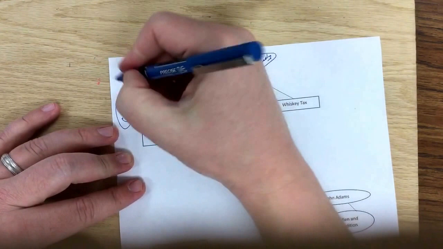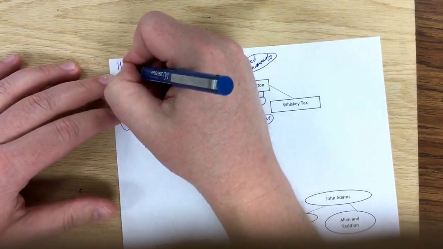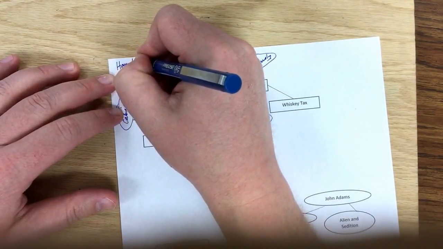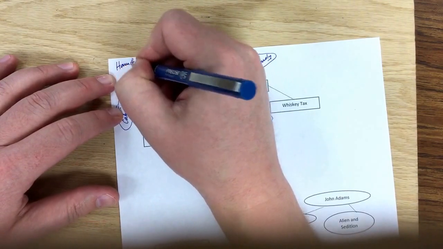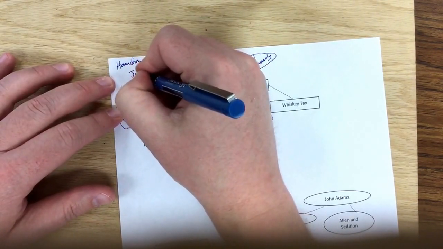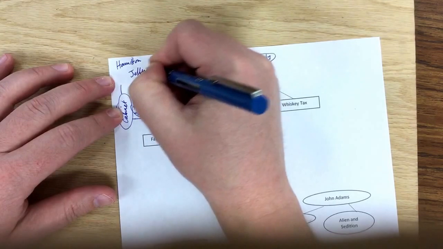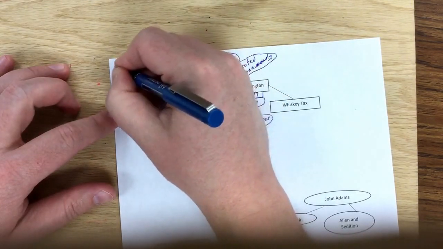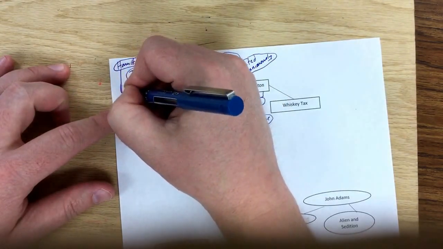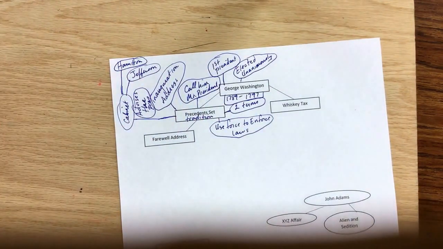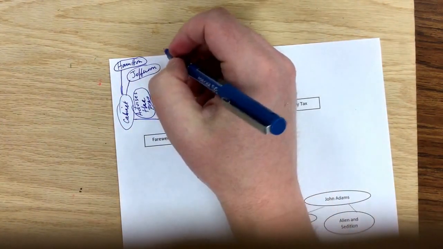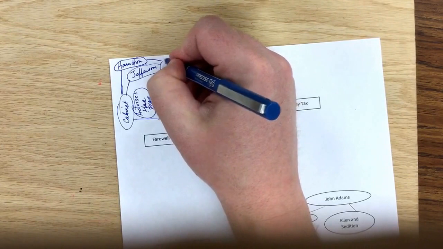Two major players on his cabinet were Hamilton and Jefferson. And remember, these two guys started the political parties.